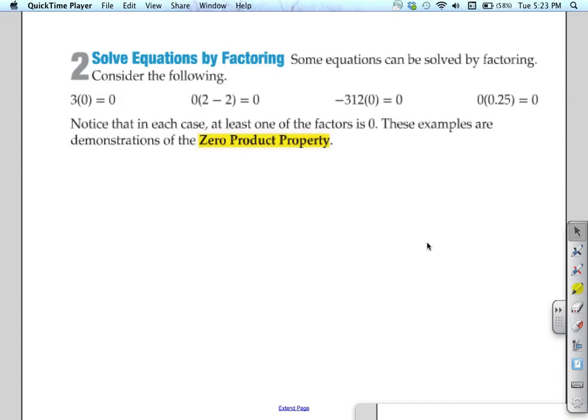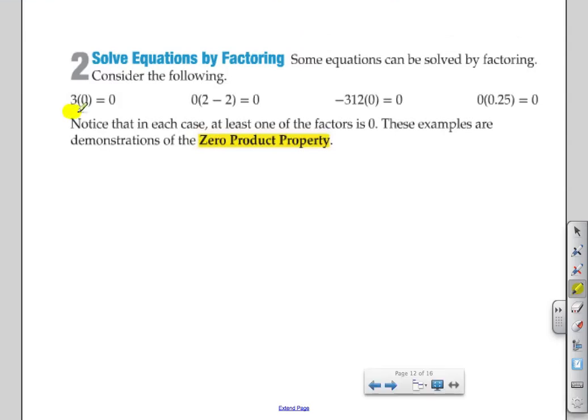So some equations can be solved by factoring. Now, to do this, you have to keep in mind the idea of two factors multiplied together to equal 0. What do you notice? Here's another group that's multiplied together to equal 0. Here's another one. Here's another one. What do you notice about these?